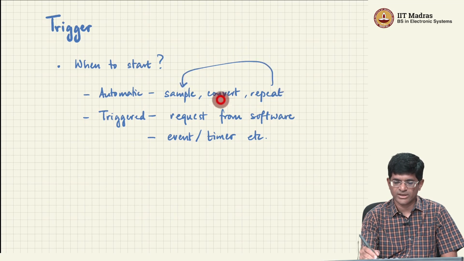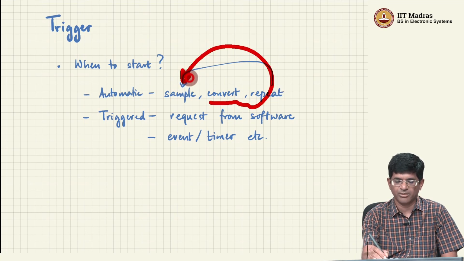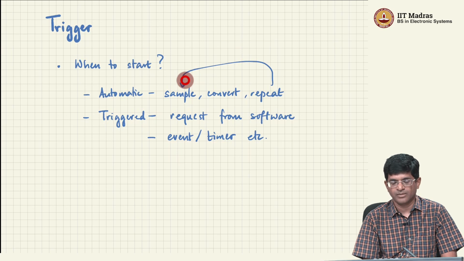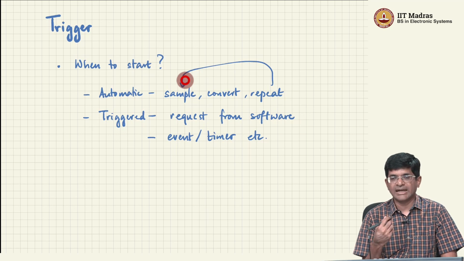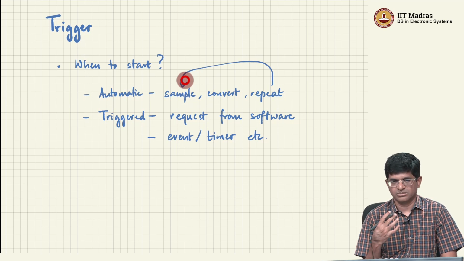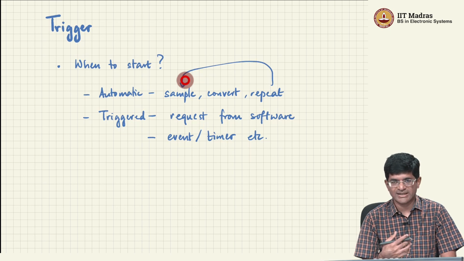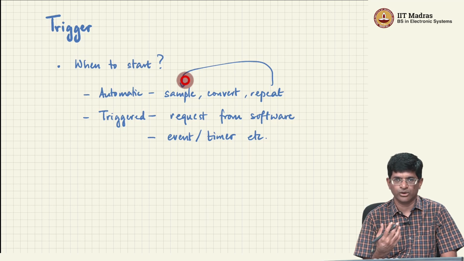As soon as you have finished a conversion, you go back and repeat with the next sample. So you choose something which is sampling at a high enough rate that you get high fidelity reconstruction capability for your signal. It also means higher power consumption, because you are sampling the signal at whatever your rated system speed is.